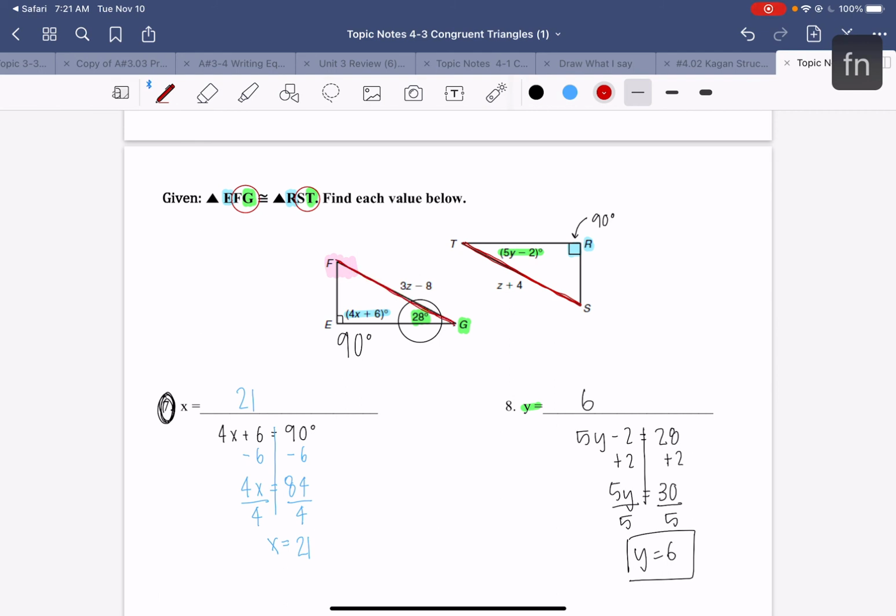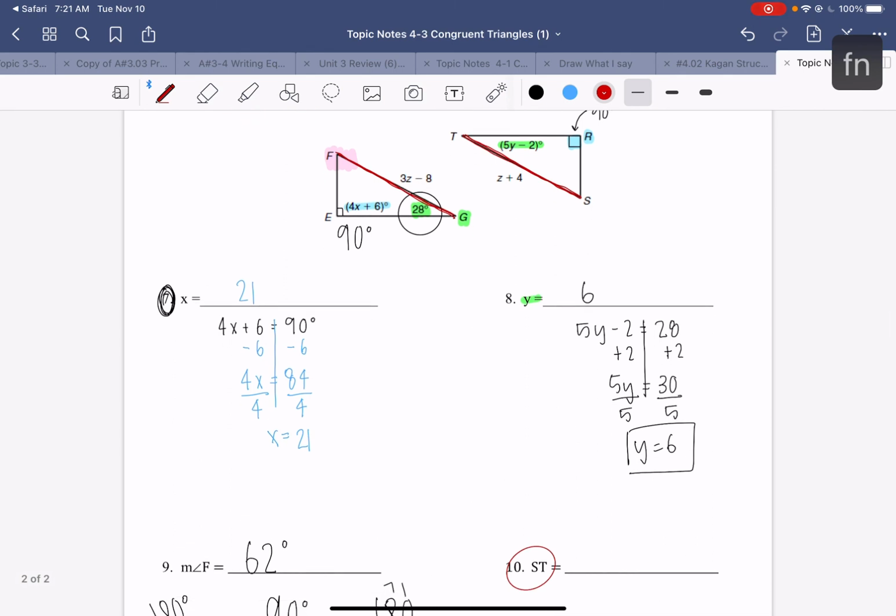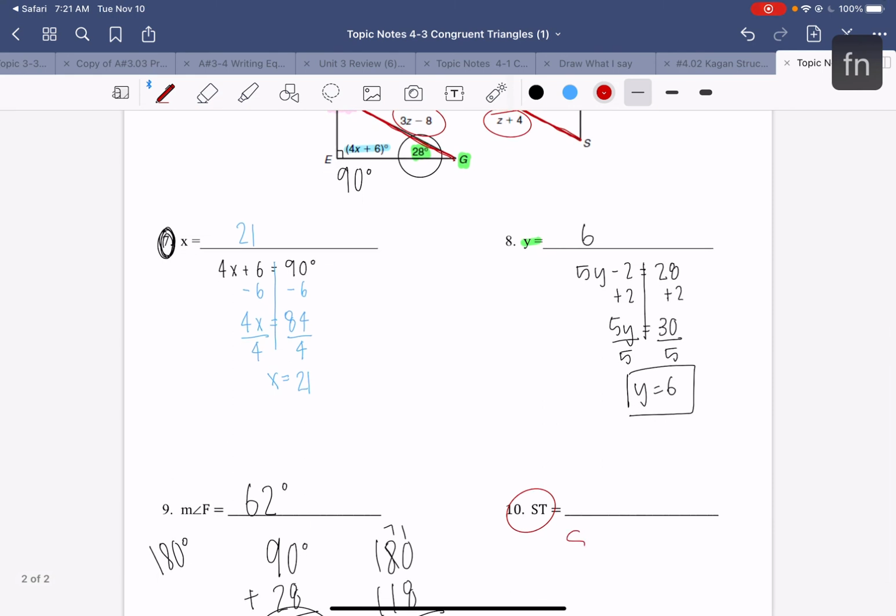Because they're congruent, I can set their values equal to each other: z plus 4 equals 3z minus 8.